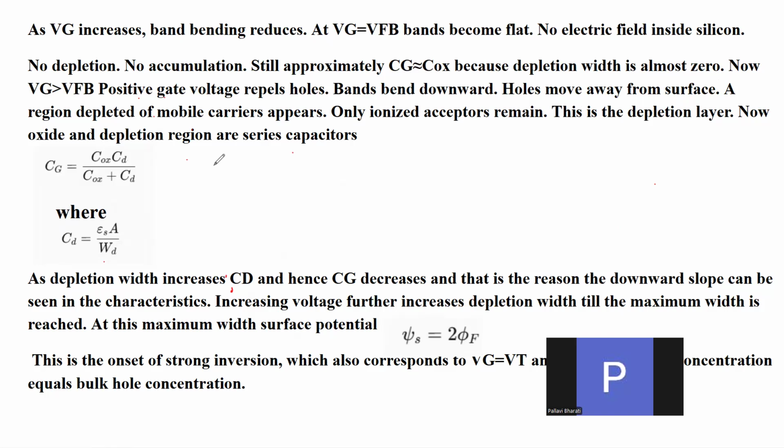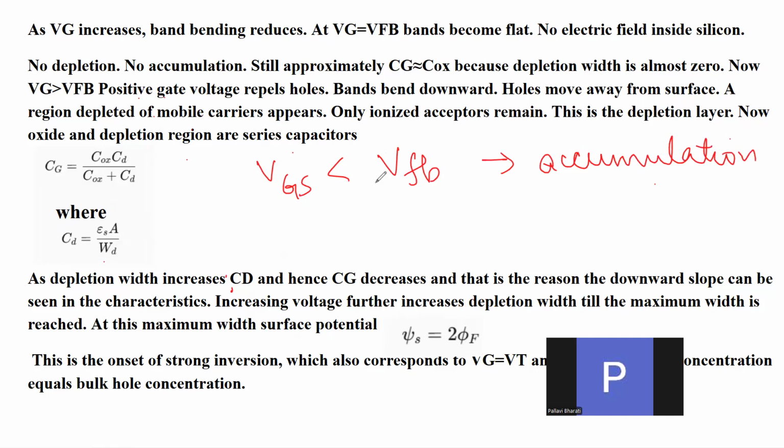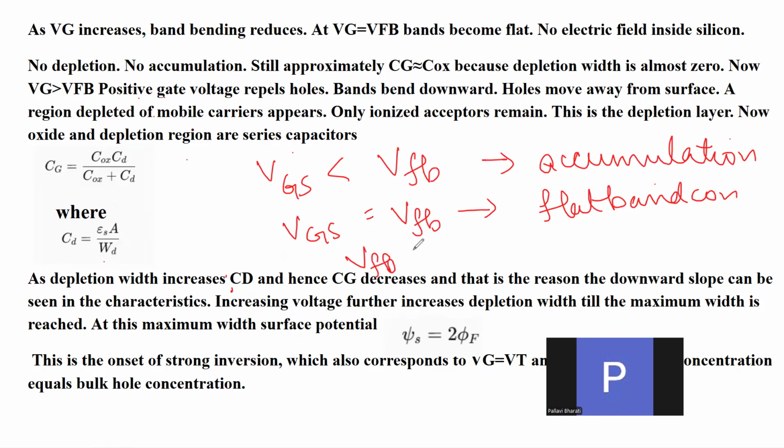When VGS is less than VFB, that is accumulation, and it can be strong accumulation if it is very far from the flat band. When VGS is equal to VFB, that is your flat band condition. And when VGS is greater than VFB but less than VTH, that is your depletion state.